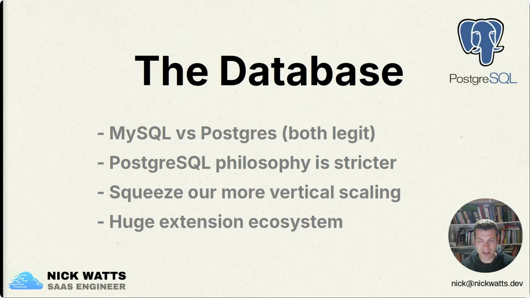A couple of reasons. The philosophy of Postgres is more strict. On the back end, we use dynamic languages, PHP, Python, Ruby. Yes, there are stricter languages like C#. Those are fine. There are advantages to that. But when you want to ship quickly and get features in front of customers, it's kind of an understood conclusion at this point that dynamic languages are faster to get something shipped.